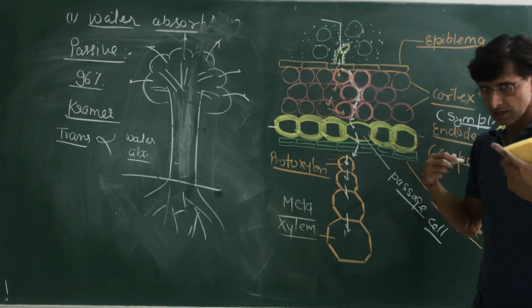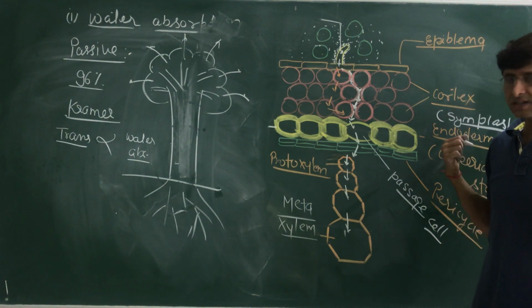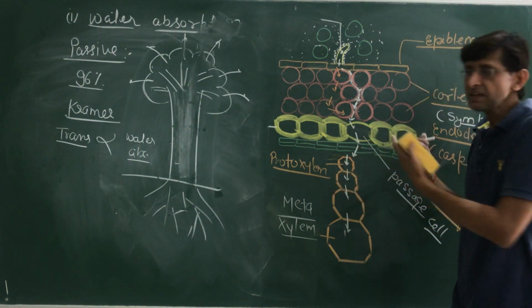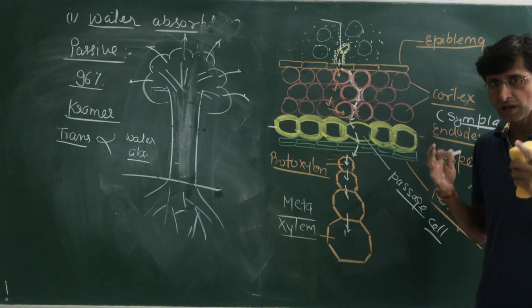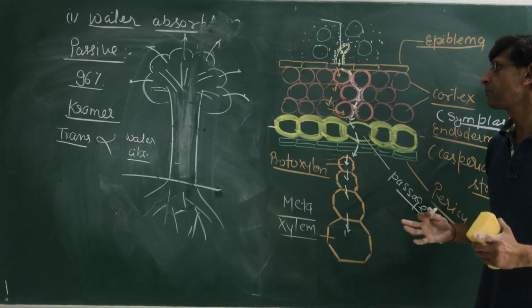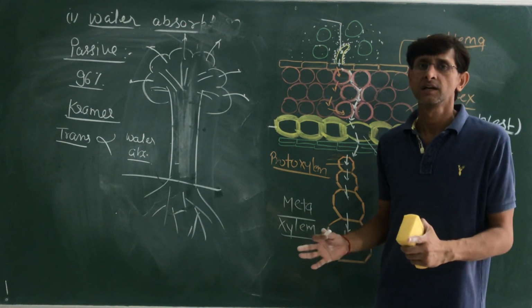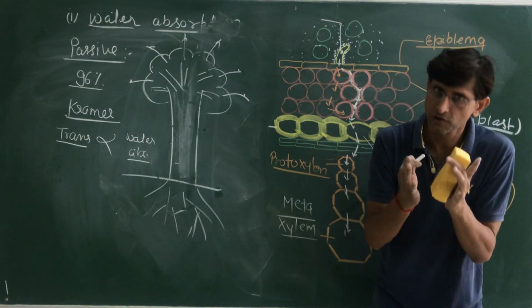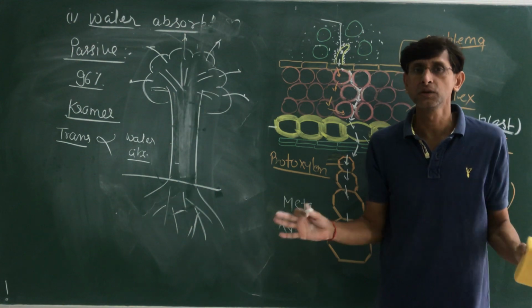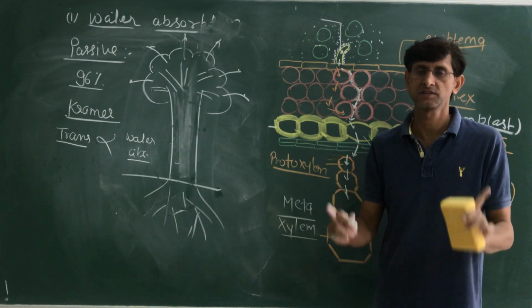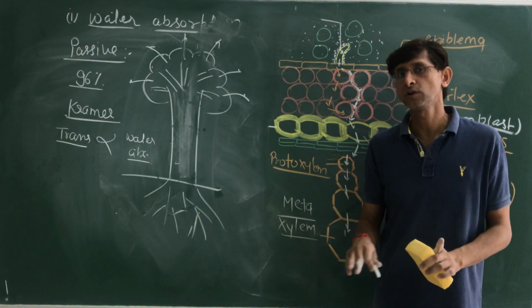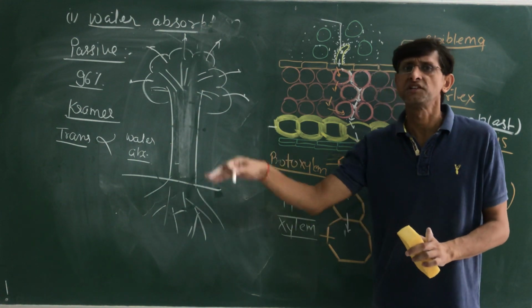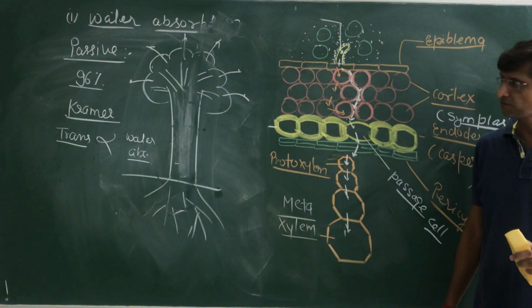We will understand this term later in detail, but now I am going to tell you that the apoplast means the cell wall and intercellular spaces of root cell, which never include the protoplasm of cell, the cytoplasm of cell. So when water moves through apoplast, it never enters into the cytoplasm of cell.